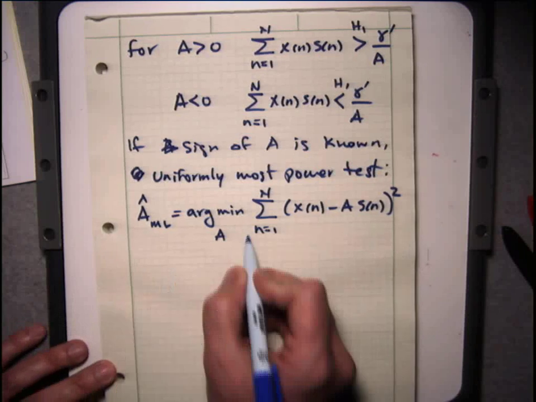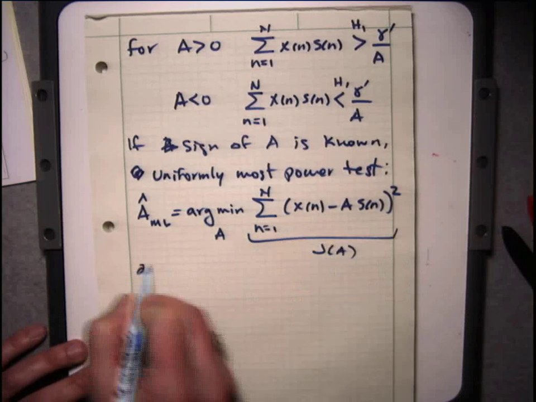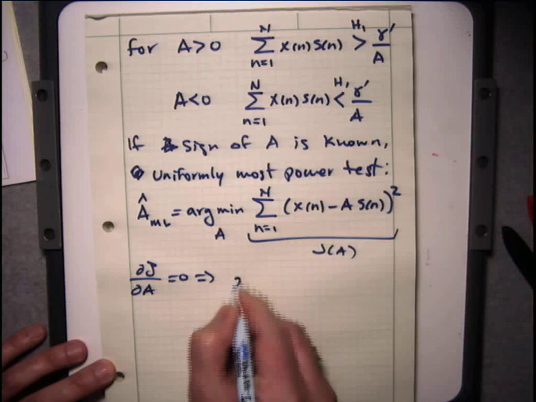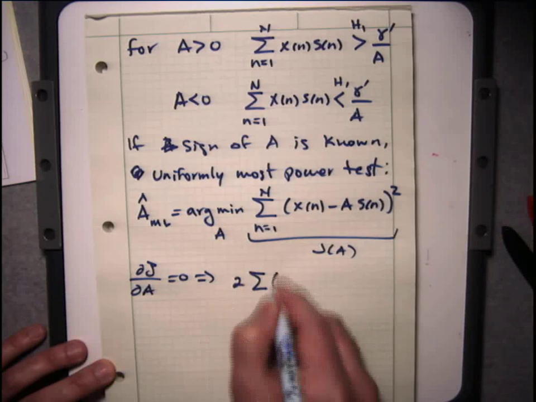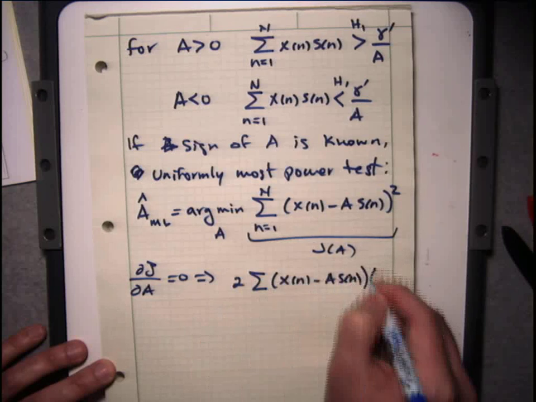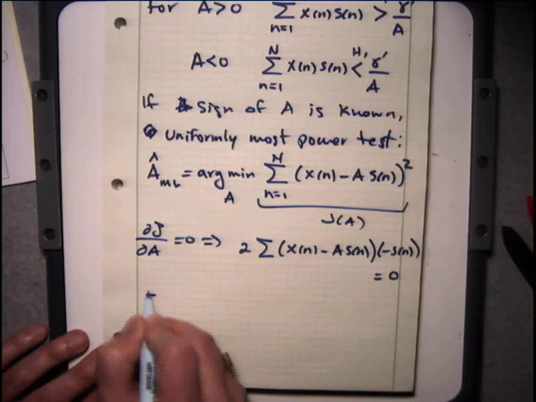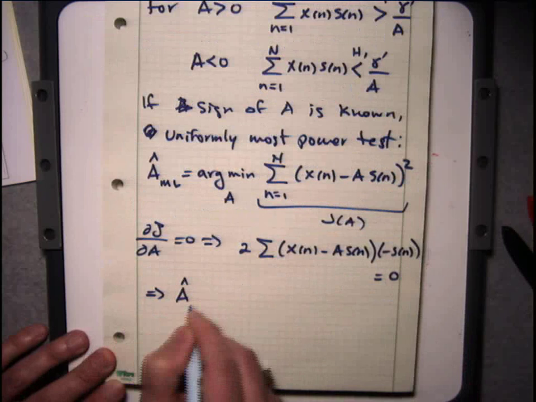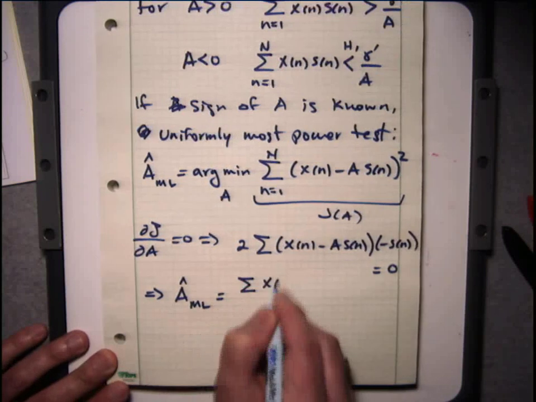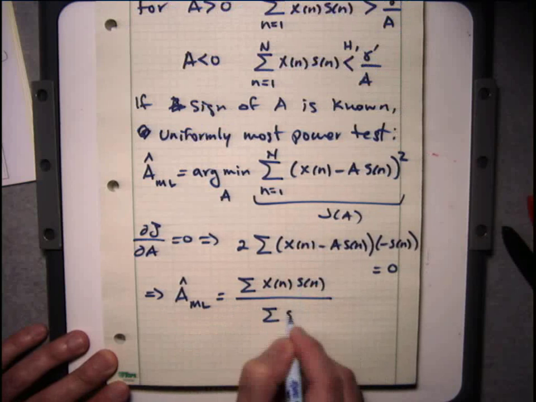And so if you take this, let's call this J of A, and you differentiate it, dJ/dA equal to 0, what you get is 2 times the sum of x of n minus A s of n, times s of n, equals 0. And you simplify, you get A hat maximum likelihood is the sum x of n s of n divided by the sum s squared of n.